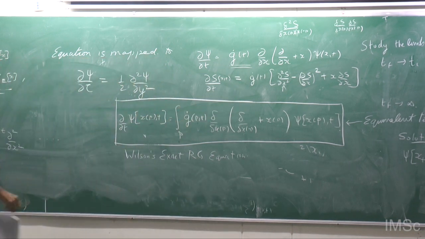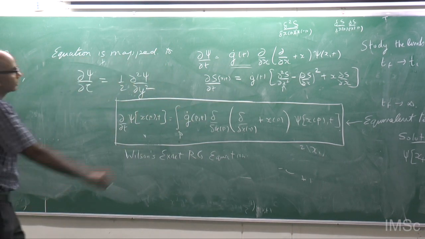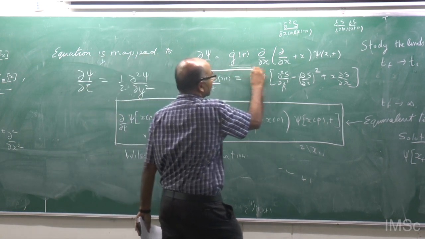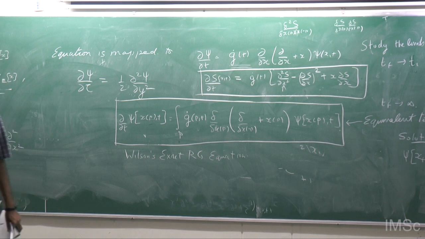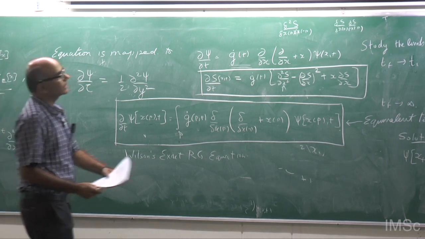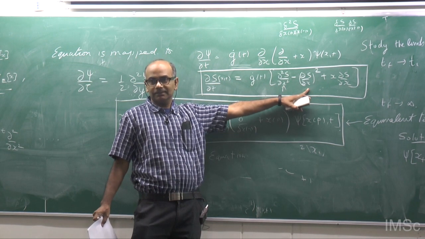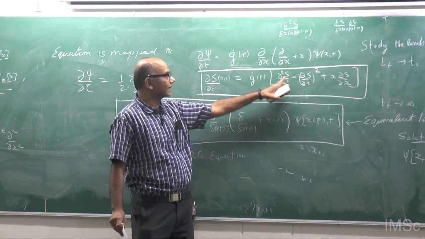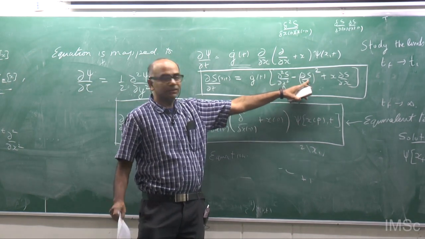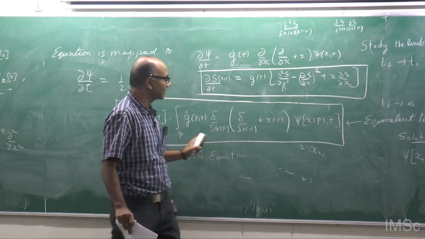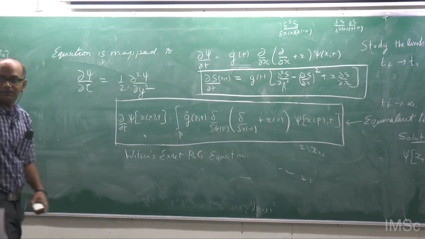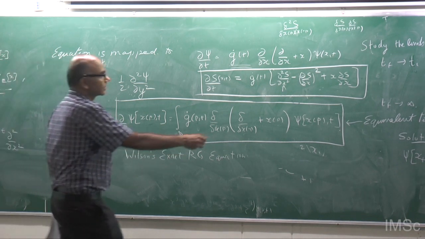But other than that, it's the same equation. So this is also called Wilson's equation. In fact, that's the way it's usually used. Here you see the nonlinearity, because this is the action. This involves product of two actions, so it's a nonlinear term, whereas here it looks completely linear. So there are some advantages of this.